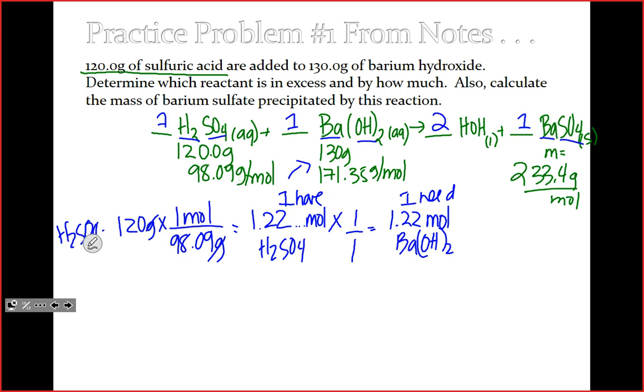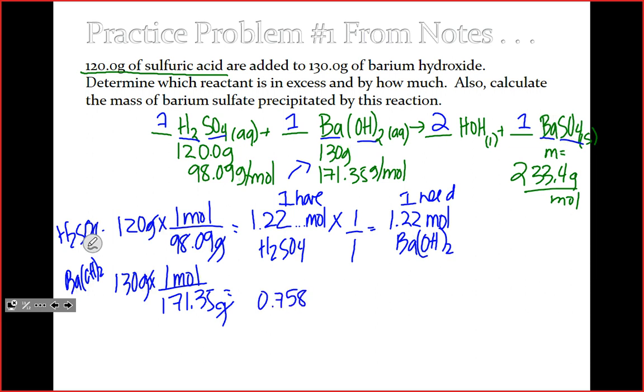This is for barium hydroxide. I'm starting with 130 grams. I'm going to use my molar mass, 171.35 grams per mole, so I'm going to cancel out my grams. 130 divided by 171.35 equals 0.758 moles of my barium hydroxide, right?